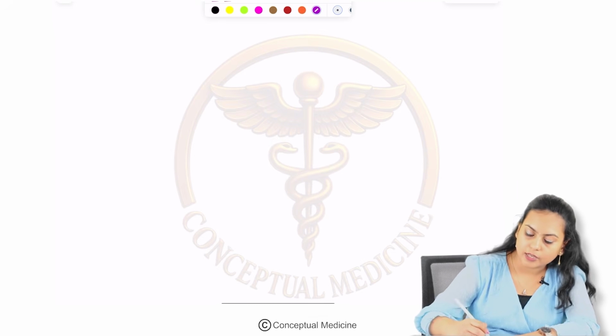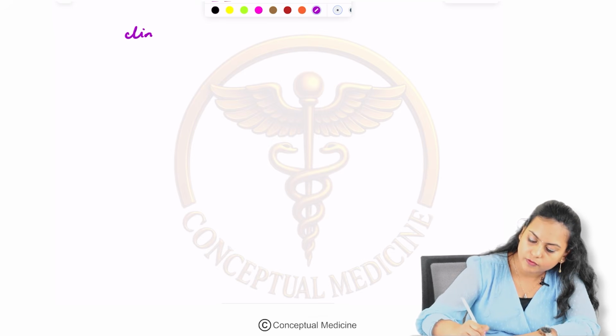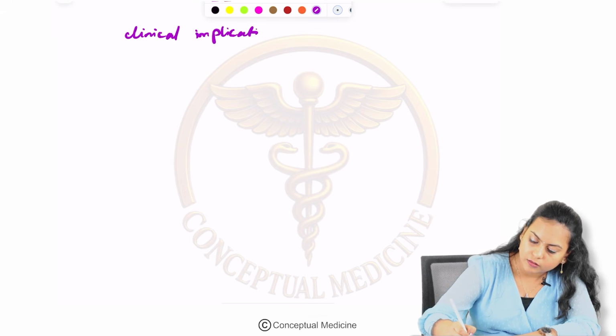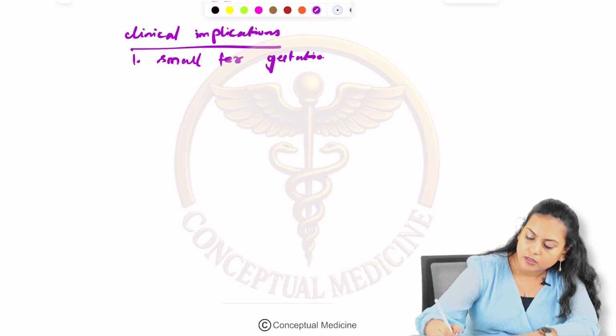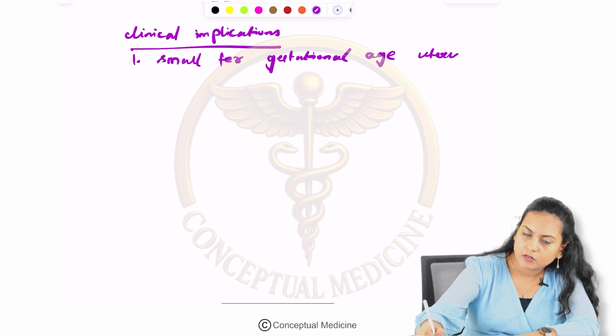What are the clinical implications of having oligohydramnios? Number 1, they may seem small for gestational age uterus.